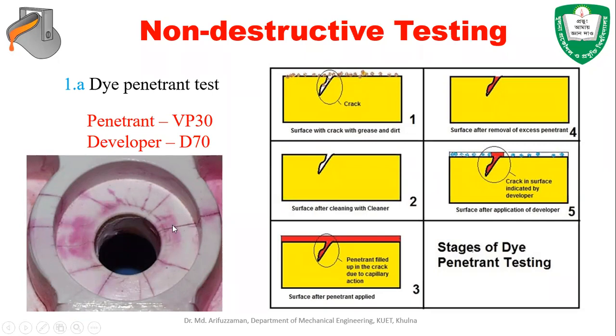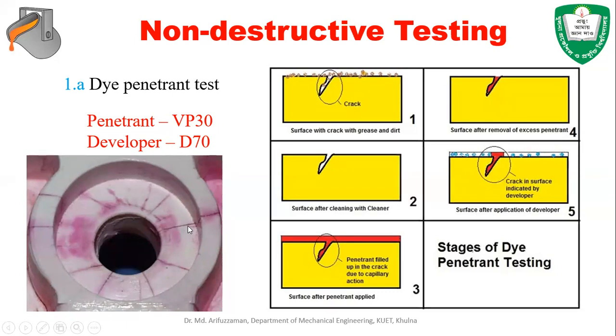You'll be able to see where the crack is, and also how far the crack extends. The crack length or crack size can sometimes also be determined using the dye penetrant test. Okay, do you have any question here?